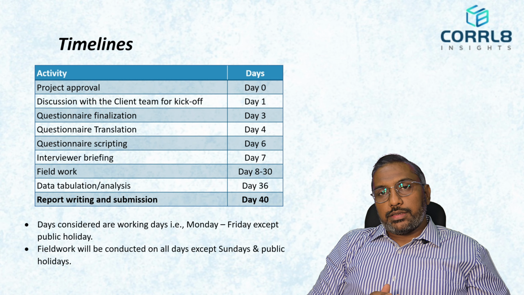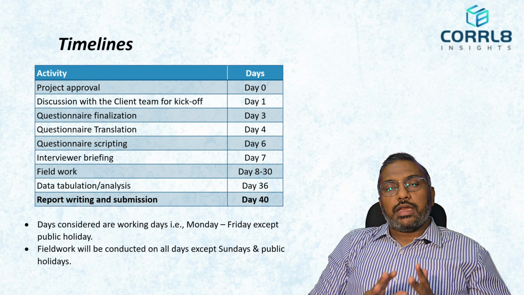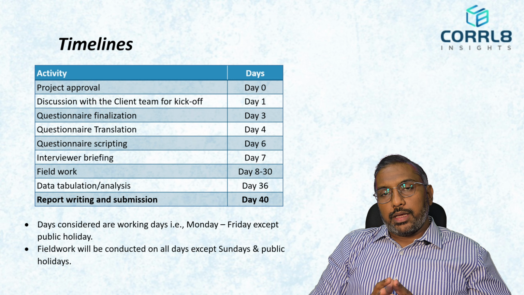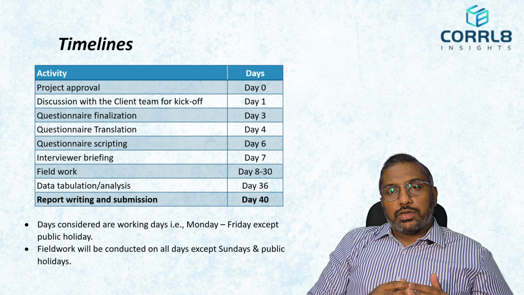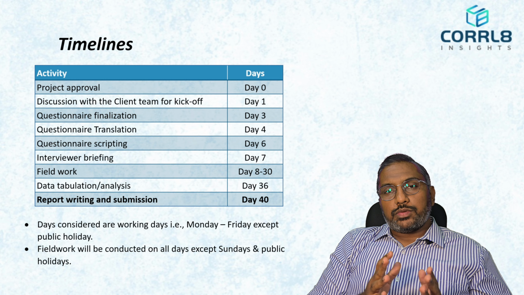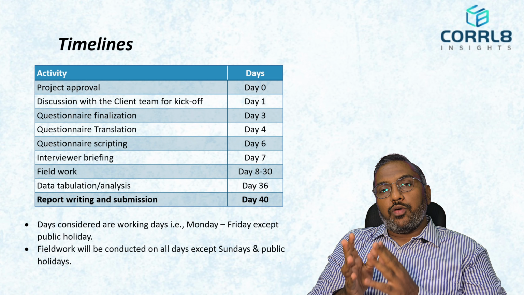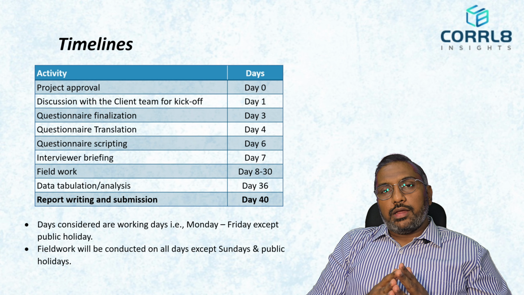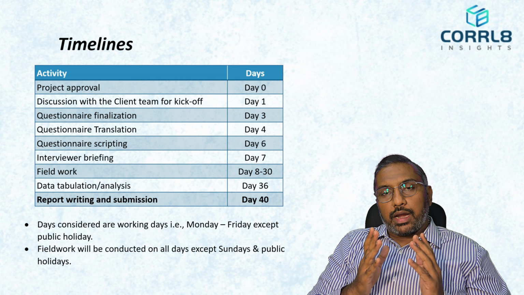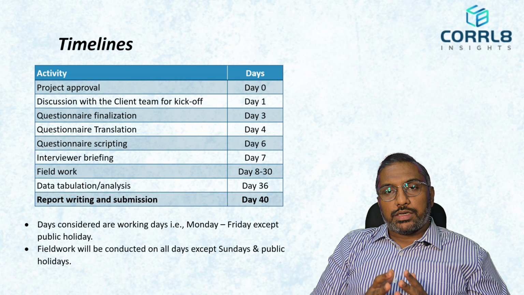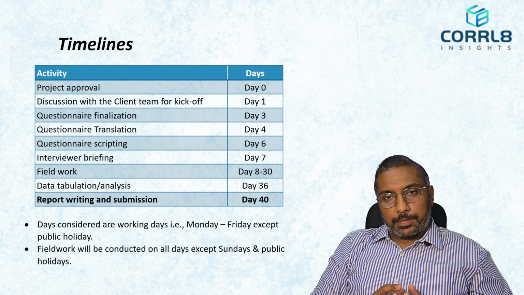Clients hate surprises. It is important that the researcher sets clear expectations in terms of timelines. Ideally, all the elements of the research process should be explained in terms of which process or which element will require how many days. Further, if possible, this should be converted into dates as well so that the client can have a realistic expectation in terms of when they can expect the report to be ready.